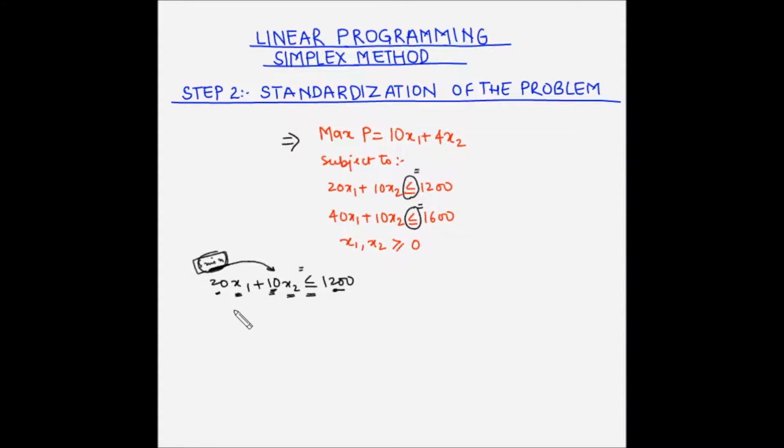So let's say S1 is the slack variable representing the unutilized capacity at the blanking shop.